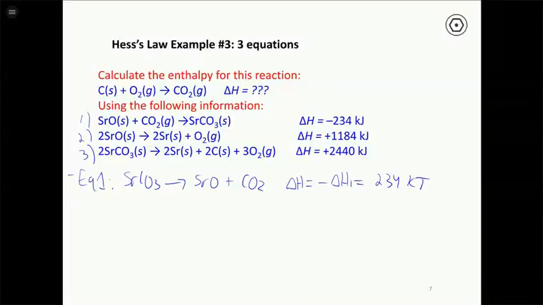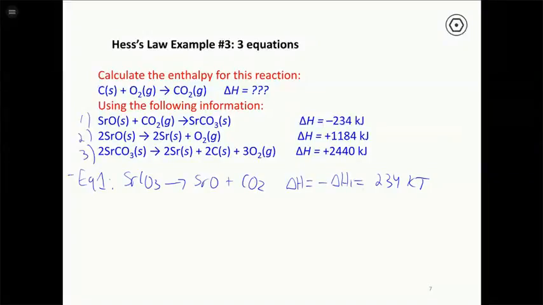Alright, if we look at the second equation here, this one has O2 in it, but we notice that O2 appears twice. So we don't want to try to balance O2 now because we want to have one O2 on the reactant side, but if we try to balance it with this equation here, by just flipping this, we also have to worry about the O2 that appears in the third equation.